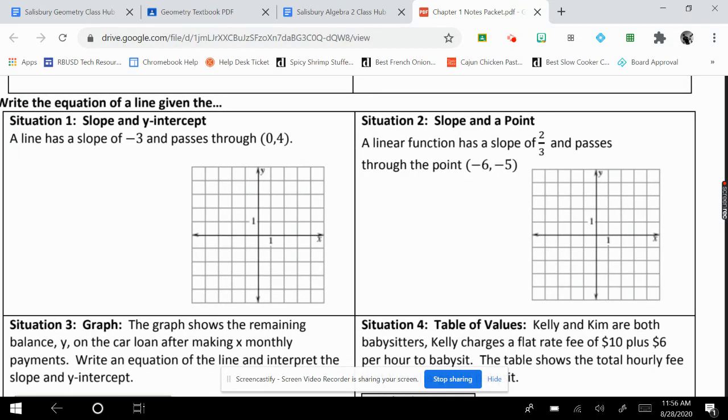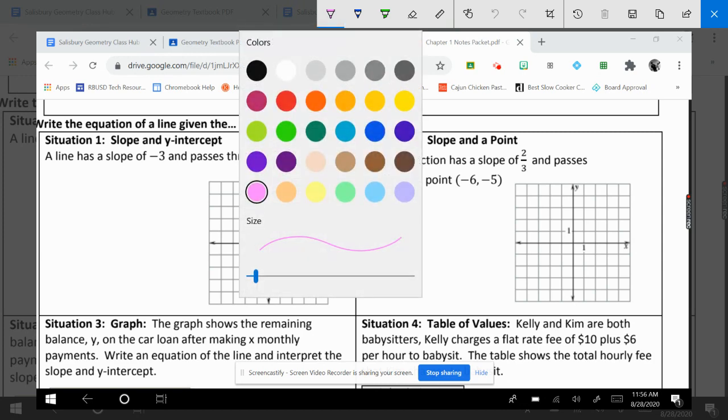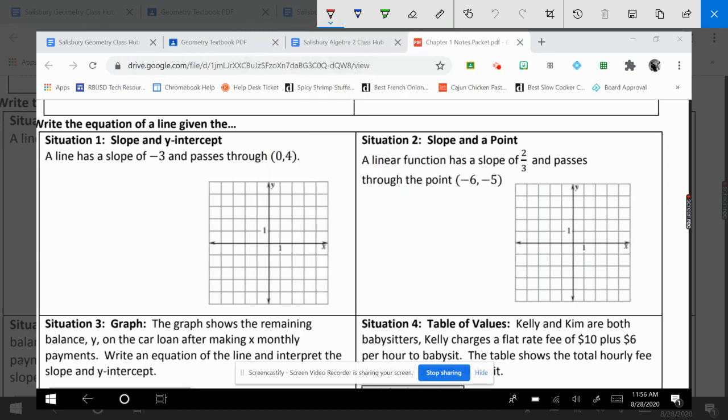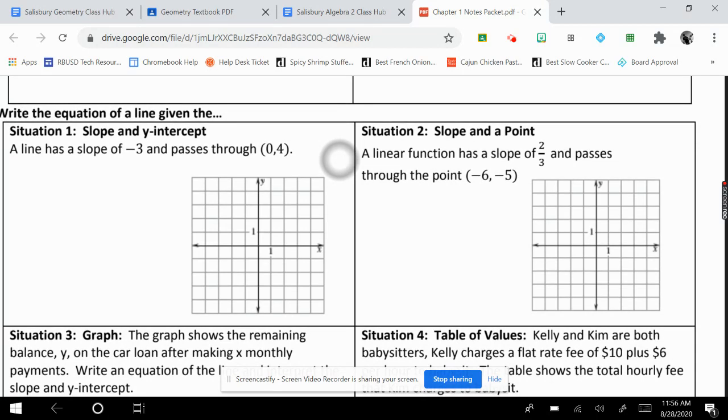we actually need to write the equation. So, I totally just lost my train of thought. That was so weird. Writing the equation, line has a slope of negative 3 and passes through 0, 4. It's good to think like, what information do they give you? So even ignoring the whole graph, if you just think it has a slope and it goes through a point.